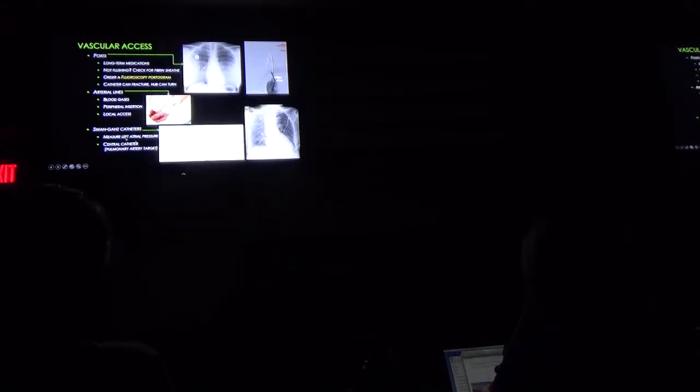Swan-Ganz catheters. So here's a picture of, it kind of looks like a triple lumen, only there's a 4th lumen here. It's a bigger line, and then it's going down not only into the atria and into the right ventricle, but then you're going over and going into the pulmonary artery, and these are things that we use to monitor what the mean arterial pressure is within the pulmonary artery, or your map.